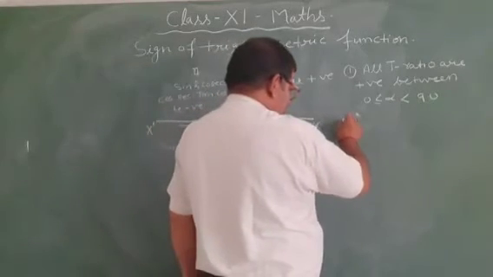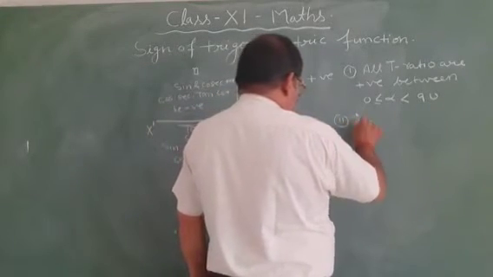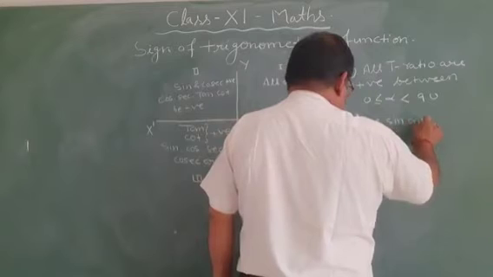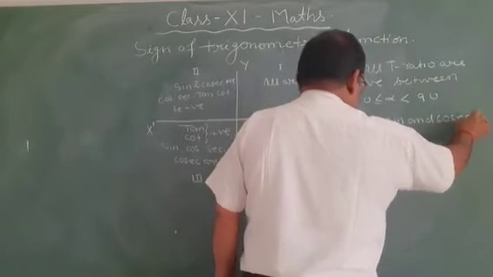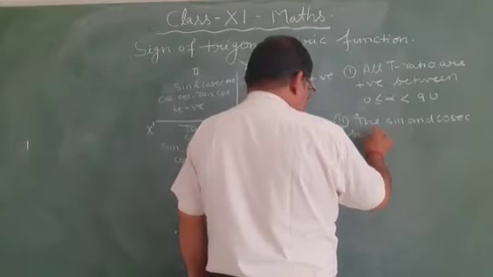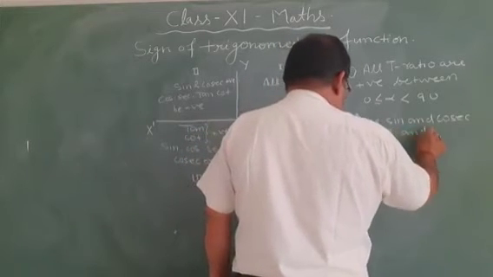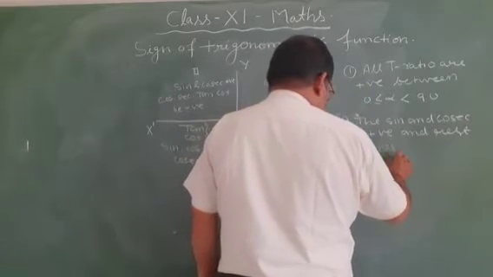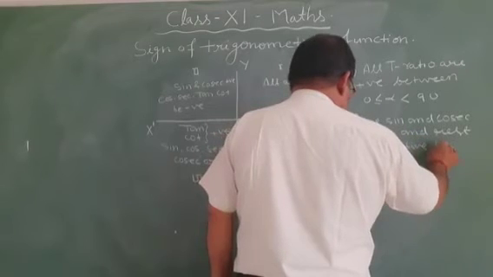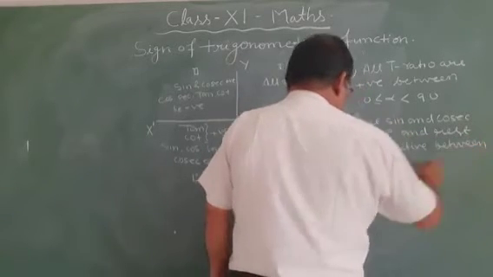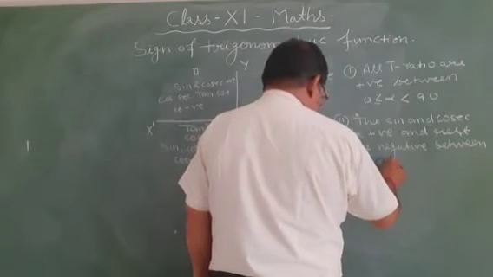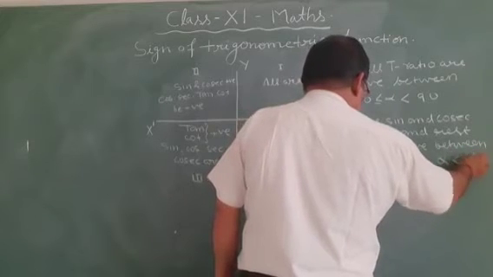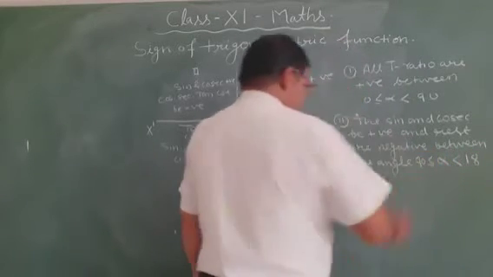And the second, the sine and cosec be positive and rest are negative between the angle 90 to 180.